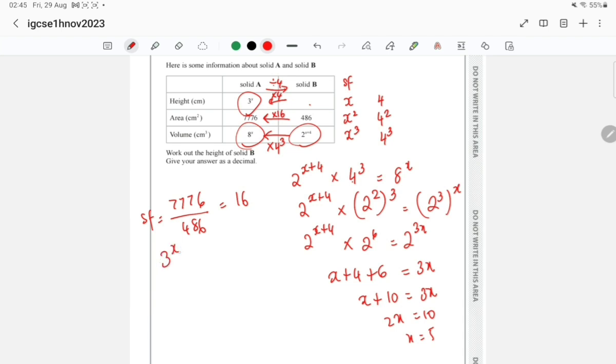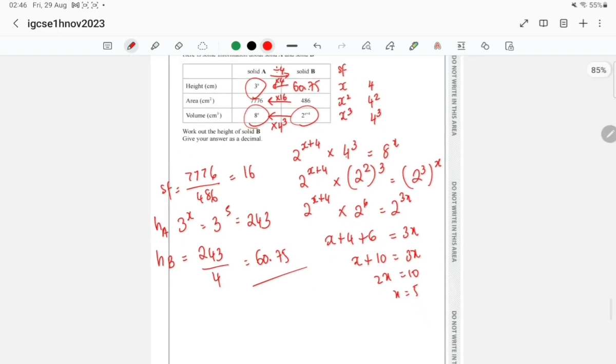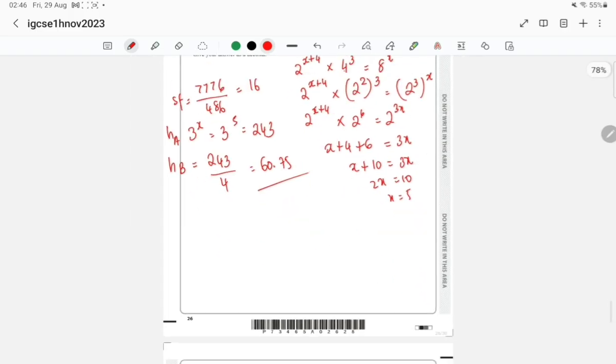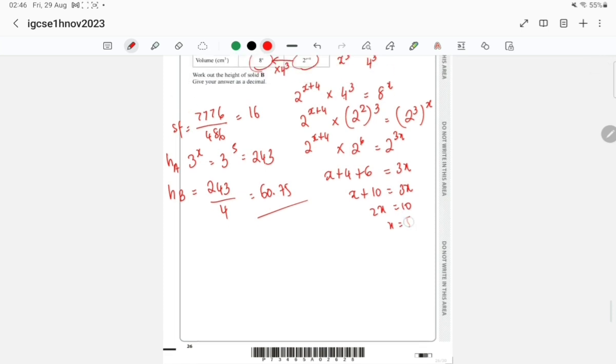So 3 to the power of x for the height of solid A would be 3 to the power of 5, which is 243. So height of B would be 243 divided by 4, which is 60.75. So this would be 60.75, which is my answer.